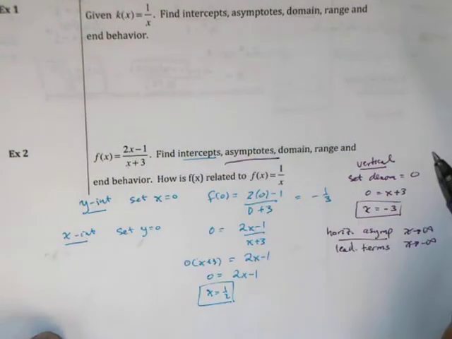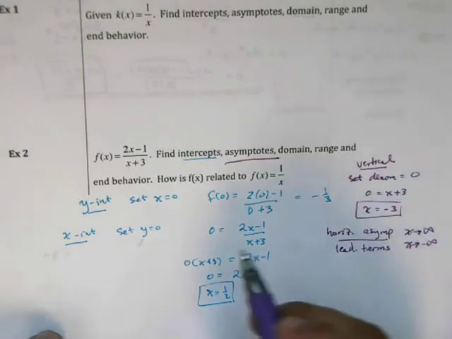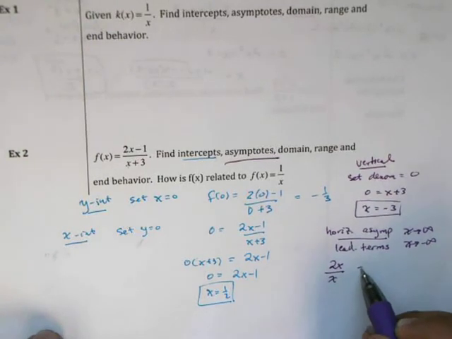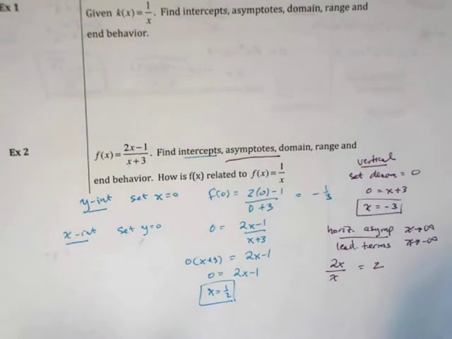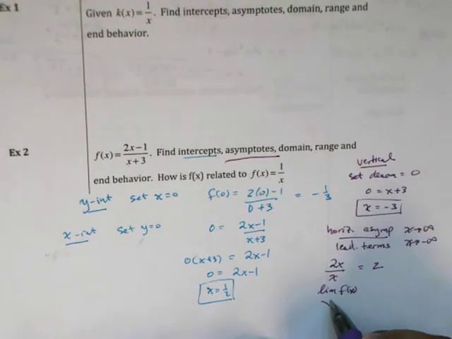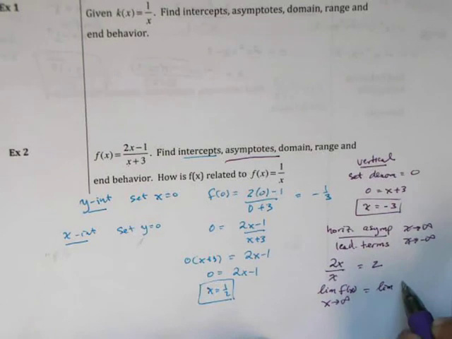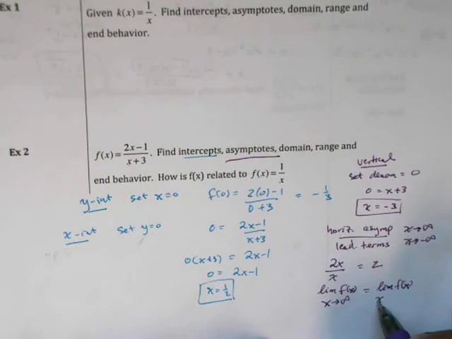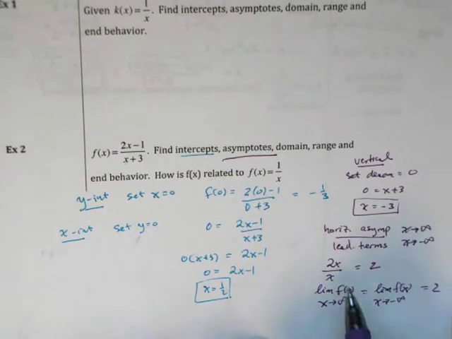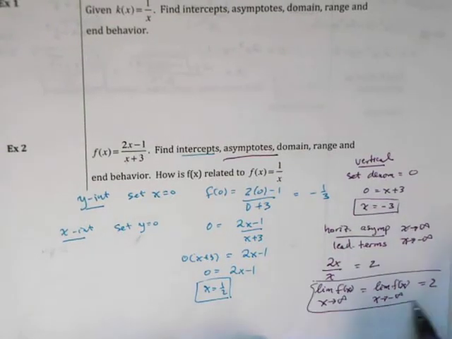These little numbers here won't make any difference at all. So for this particular function, the leading terms are 2x and x, and that's going to lead us to have 2. We can write this in limit notation: the limit of f of x as x approaches infinity is also the limit of f of x as x approaches negative infinity, and both of them are going to equal 2.